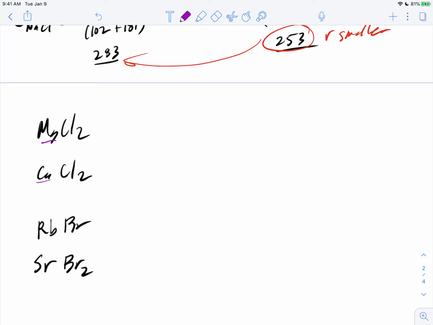So if we look at Mg and Ca, both of these have a plus 2, minus 1 situation for charge. So then we're looking at size. Magnesium is smaller because it is in the 3rd row, and calcium is in the 4th row. And so magnesium chloride has the stronger interaction.